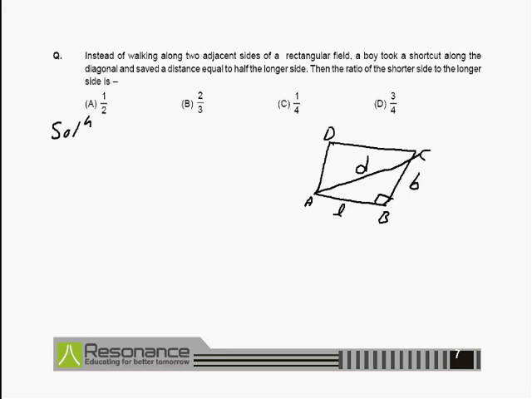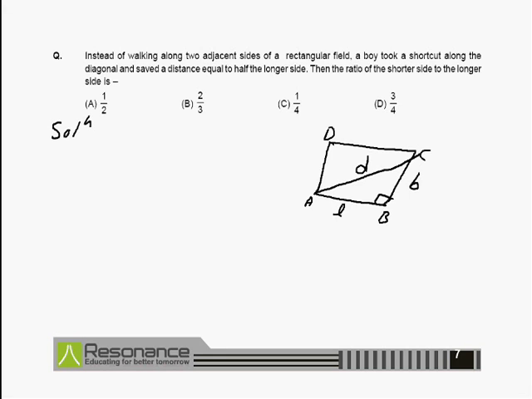So we move again to the question. Instead of walking along the two adjacent sides of a rectangular field, a boy took a shortcut along the diagonal and saved a distance equal to half the longer side.